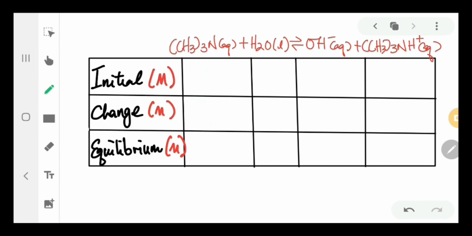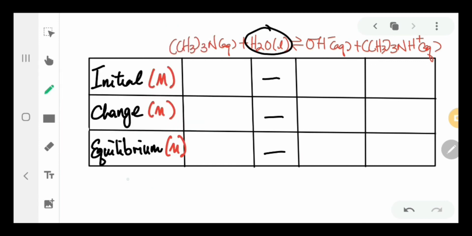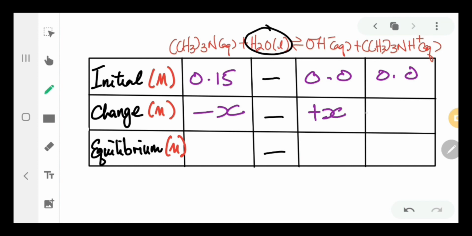First thing, we need to ignore your liquid. Remember that is your liquid, so you're going to ignore that. And the initial concentration is 0.15. That one is not being produced yet. This one is minus X, plus X, plus X, like what you have done here. 1 mole, 1 mole, 1 mole.